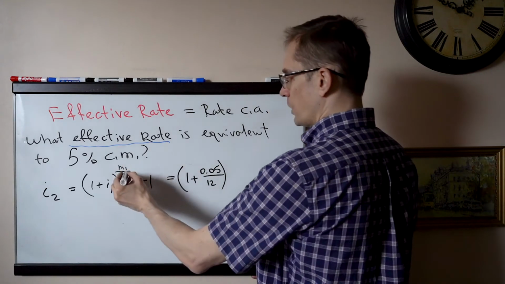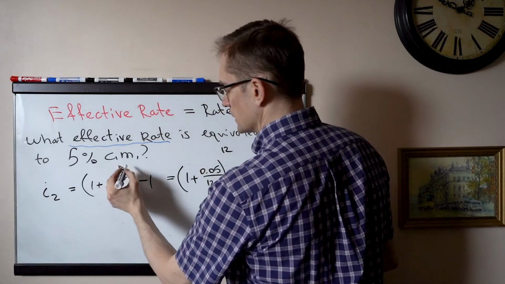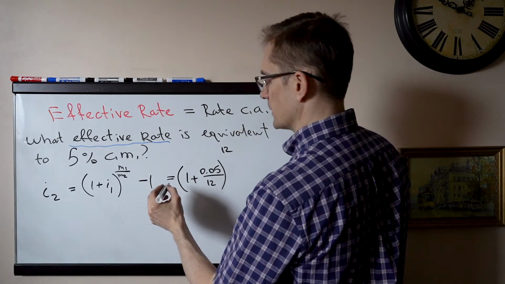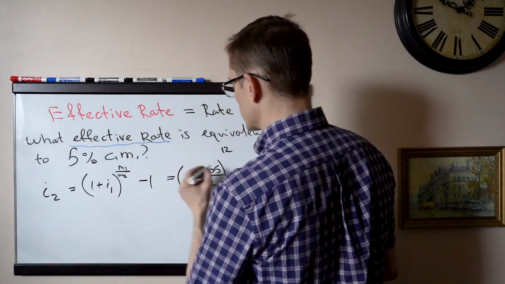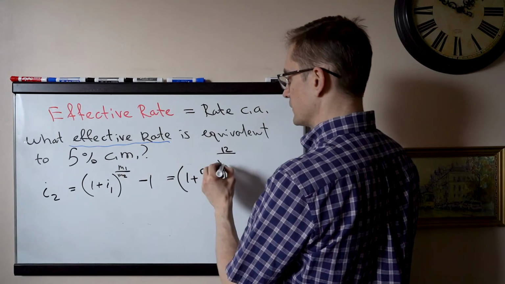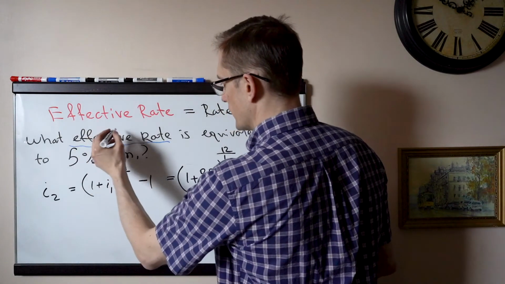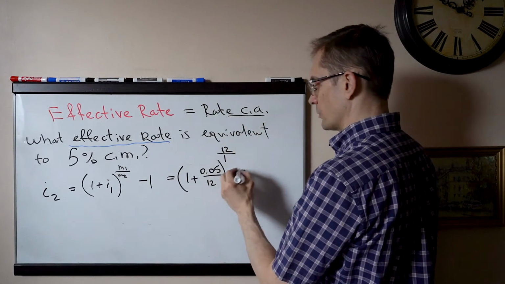M1 over M2: it's going to be 12 because M1 corresponds to this known rate, right? So M1, it's 5% compounded monthly, so it's 12 divided by 1. M2 corresponds to that effective rate, which means the rate compounded annually, so it's divided by 1, minus 1.